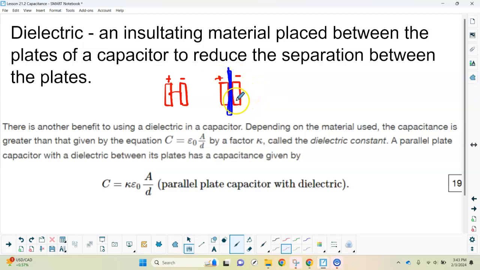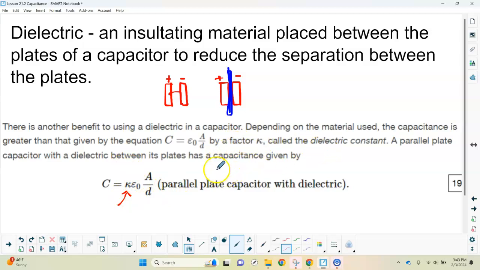Another benefit of this is that it actually increases the capacitance. So if you have a dielectric in there, you can increase the amount of capacitance that you can store on that capacitor. So this dielectric value is just a number times, it's called K. It's really like a kappa, a lowercase kappa, but it's the dielectric constant.